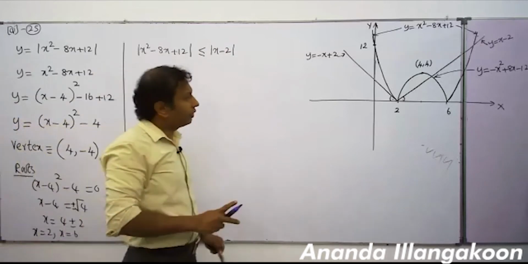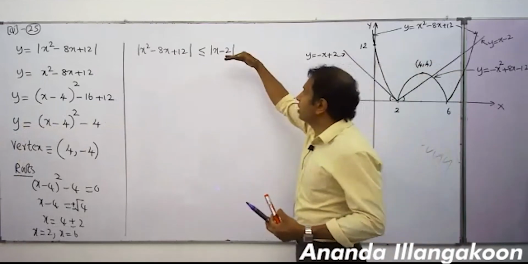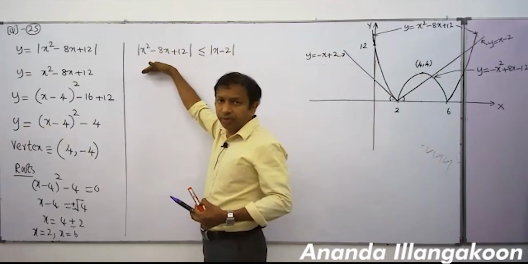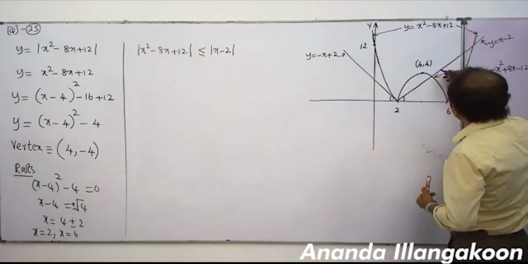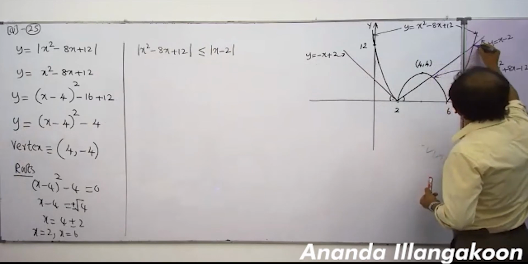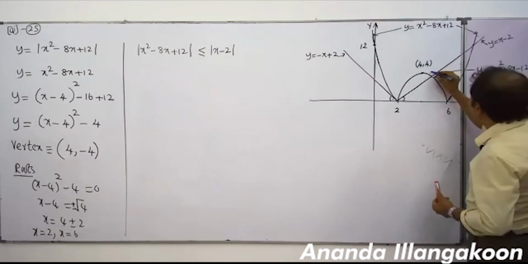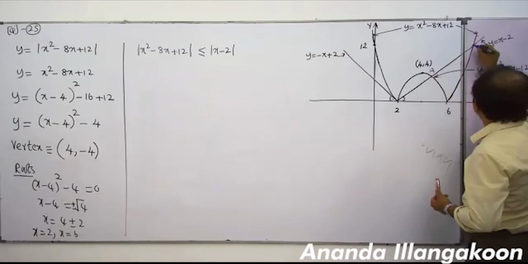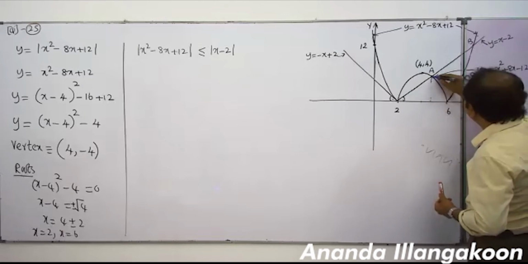Mod x minus 2 graph is this V-shaped graph. It should be above the other graph. The V-shaped graph is above the other graph in between this point and this point. That means y value of that graph is greater than the other graph between these points. Suppose this point is A, this point is B. Between A and B, that V-shaped graph has greater y value than the other graph. Right, this way.